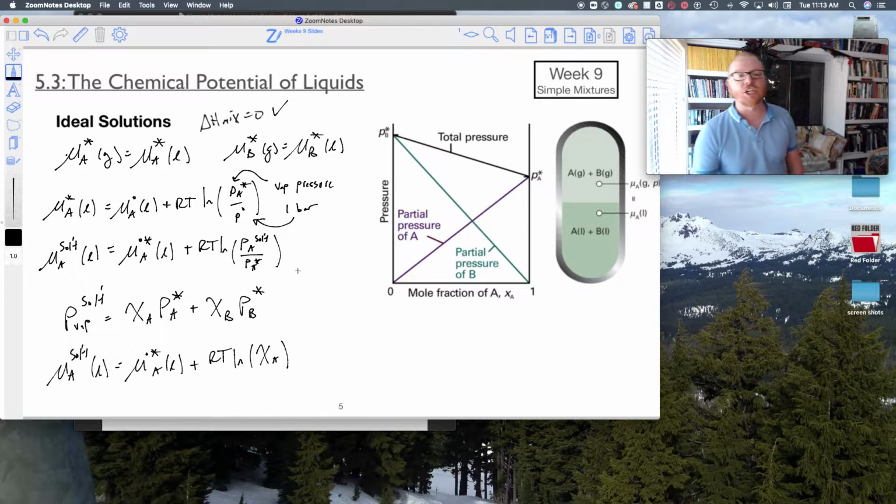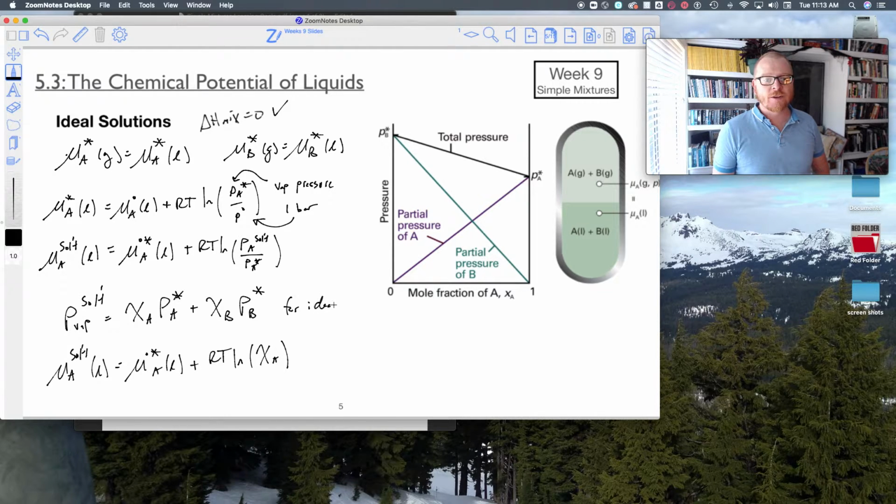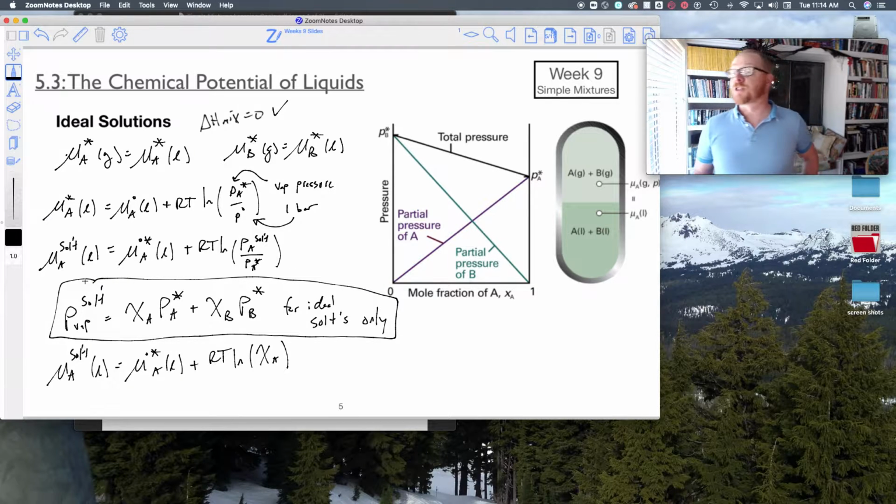So this ratio of the vapor pressure of the solution relative to the vapor pressure of pure A just gives us the mole fraction. This equation is for ideal solutions only, and this is a major criterion for ideal solutions.